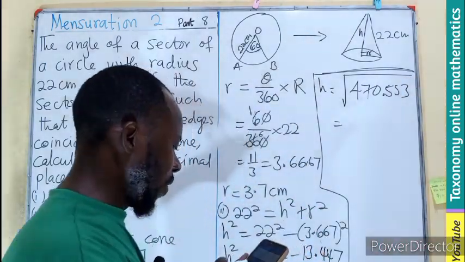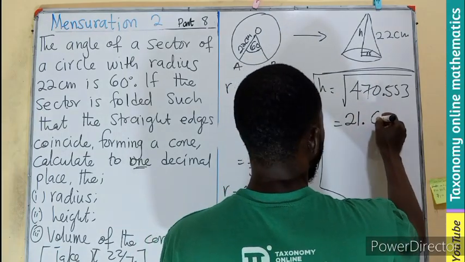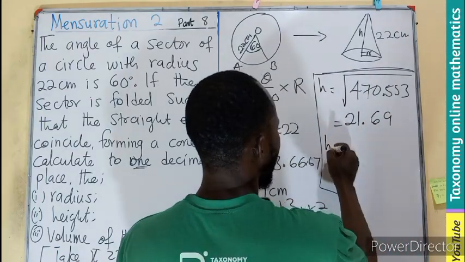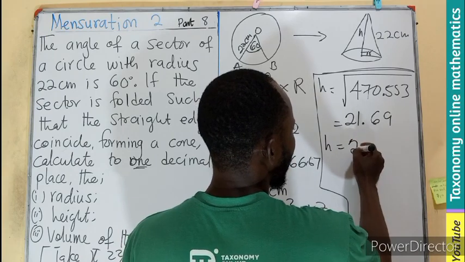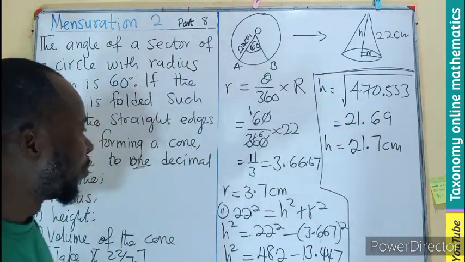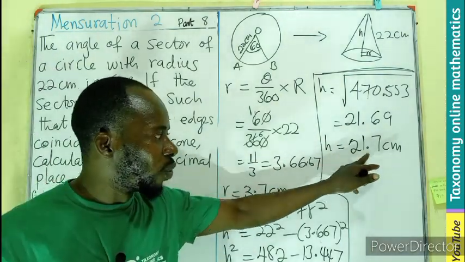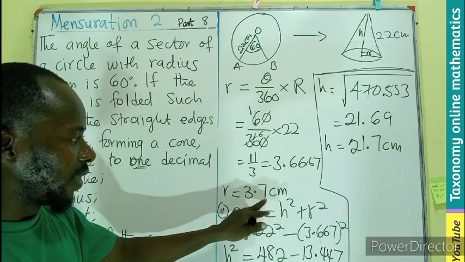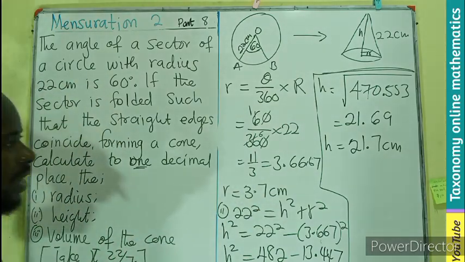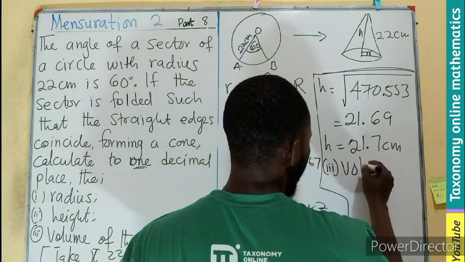When you find the root of that, that will give you 21.69. So the h is going to be 21.7 centimeters to one decimal place, following the question. So the height is 21.7, the radius 3.7. Then the last one is to find the volume.